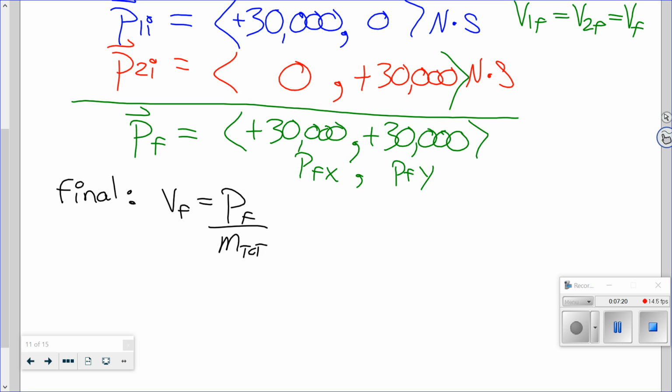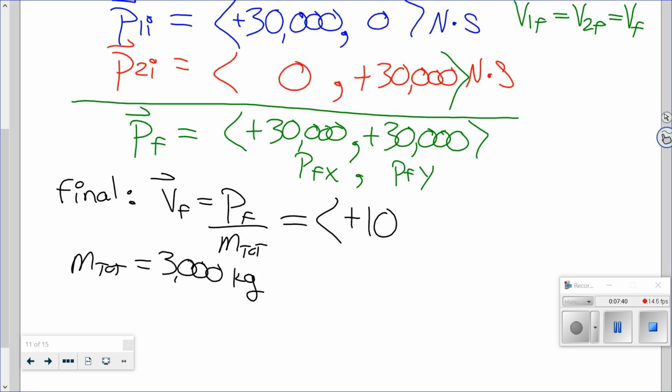Okay, so let's see, my total mass is 3,000, isn't it? Combining them, I can't see that part of the problem anymore, but so you just divide each piece by 3,000 to get your vector, and it can stay in vector form. So it's plus 10 and plus 10 meters per second. Okay.